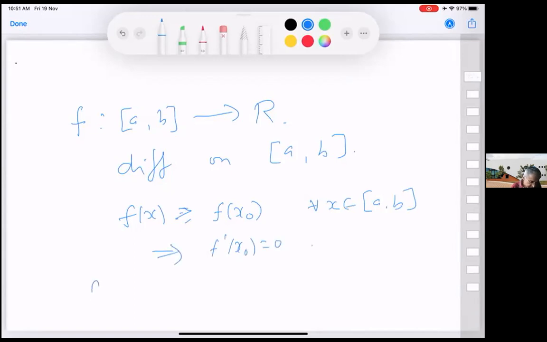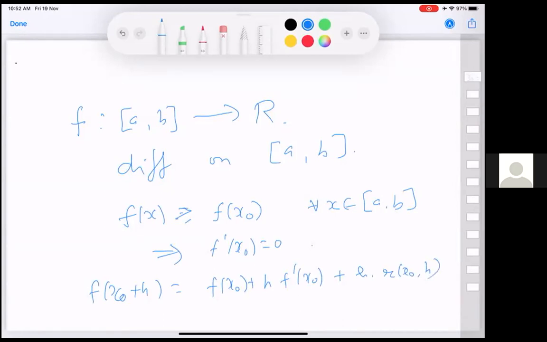Because, where R(x0, h) is that remainder, that's a lower order term. This whole thing can be called a lower order term, which goes to 0 faster than h, or R(x0, h) goes to 0.